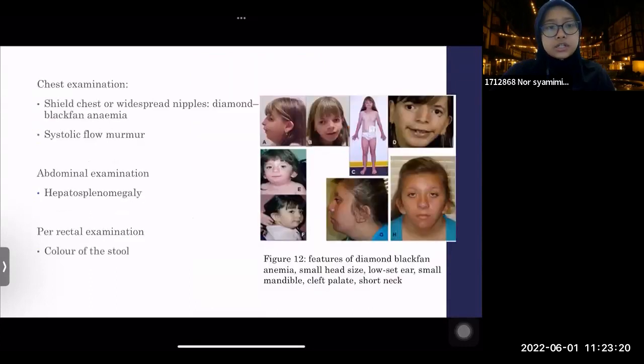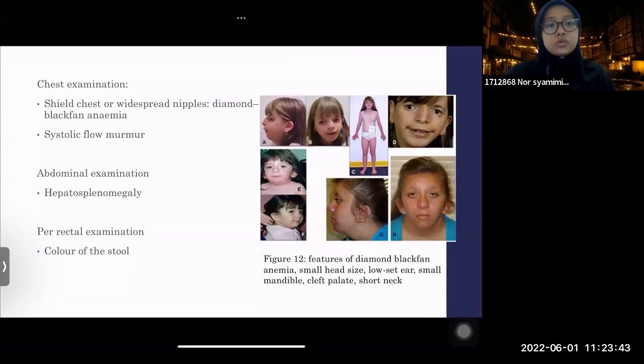For the chest examination, we also need to look for whether there's any shield chest or widely spaced nipples, such as occur in Diamond-Blackfan anemia, or a systolic murmur as a consequence or complication of the chronic anemia itself. And then on the abdominal examination, examine if there's presence of hepatosplenomegaly, which could lead to a differential diagnosis.